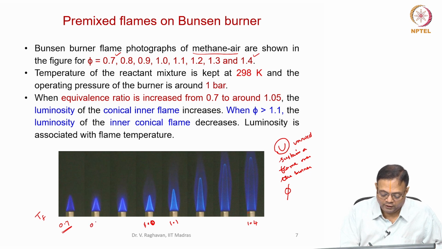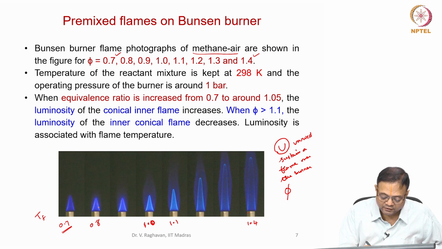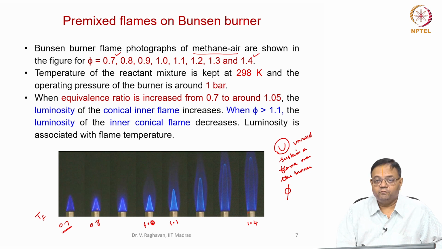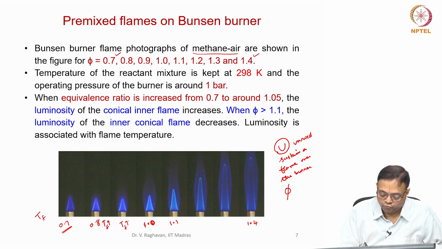Now, I go to 0.8. Now, what I see is the brightness increases, even though there is no visible outer mantle, the brightness of the flame increases, because again the nitrogen quantity is reduced, so the flame temperature Tf increases in this case, and here also it increases further. So, this is 0.9.